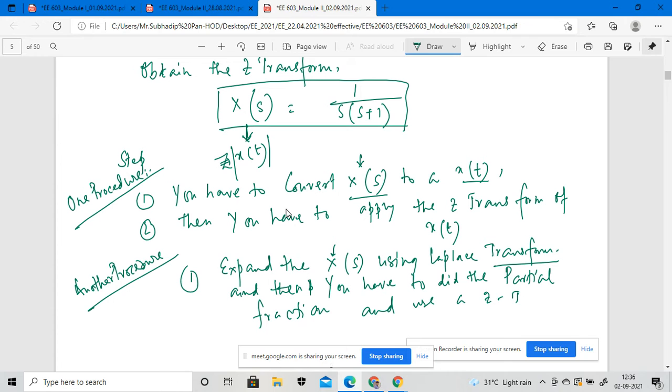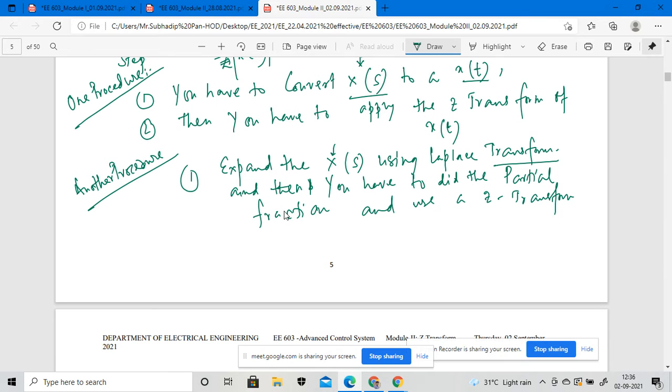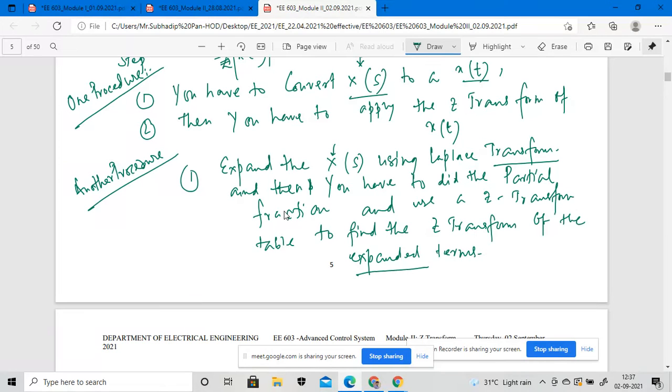I will tell you what the Z transformation table is. Use the Z transformation table to find the Z transform of the expanded terms. The expanded terms will come from where? The expanded terms will come from the Laplace transformation and the partial fraction.